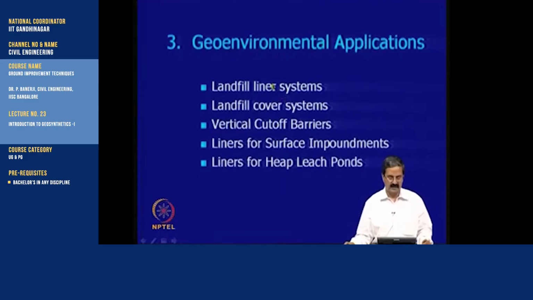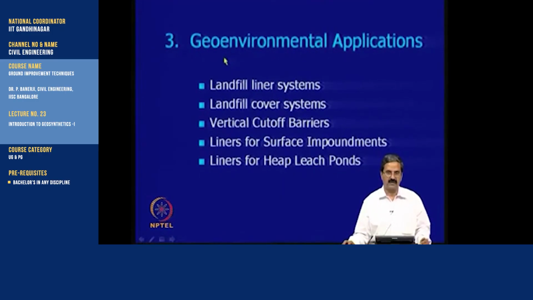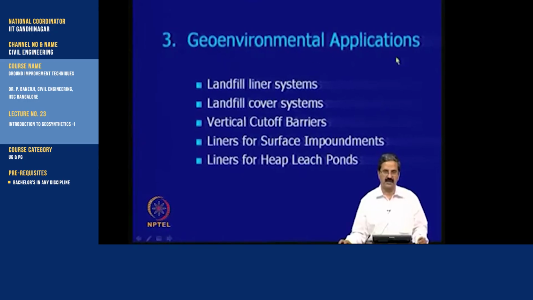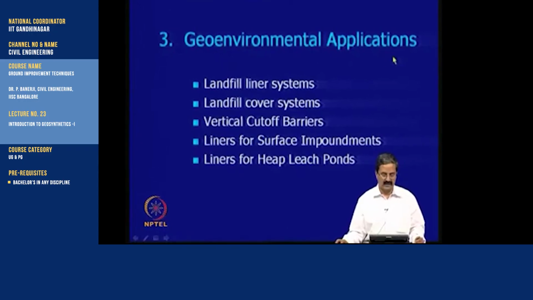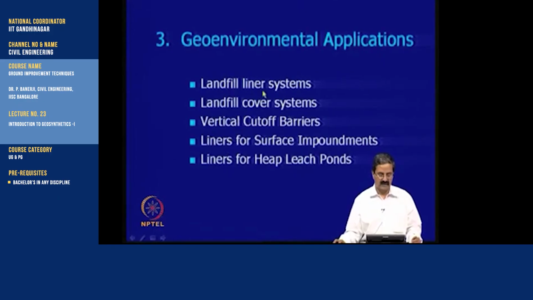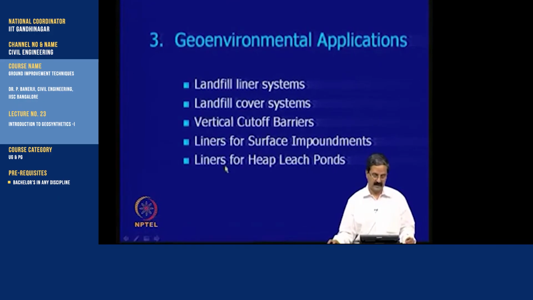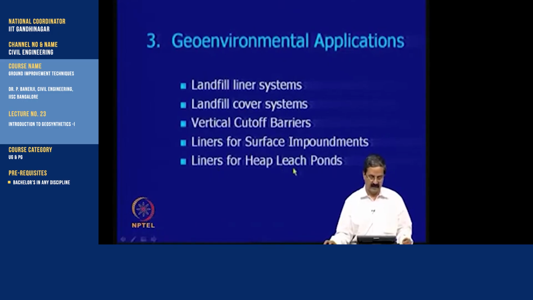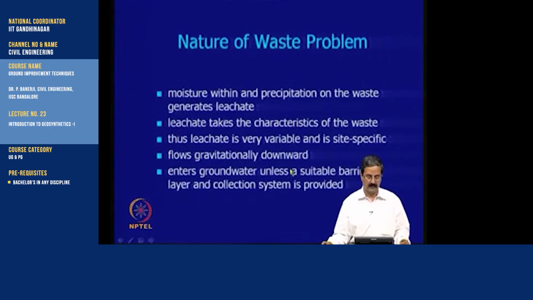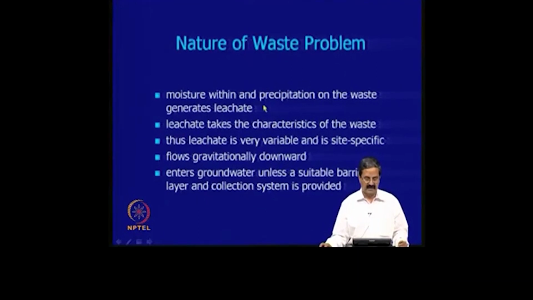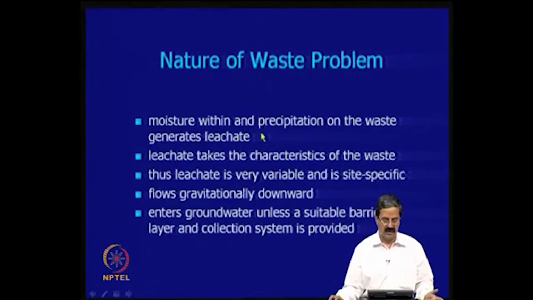Then as I just mentioned, we have another set of applications, what is called geo-environmental applications, and there are too many. They can be used for landfill liners, covers, vertical cutoffs, surface impoundments, and liners for heap leach ponds. We know that waste is an issue that everybody has to address, and if precipitation occurs on the waste, it generates leachate.